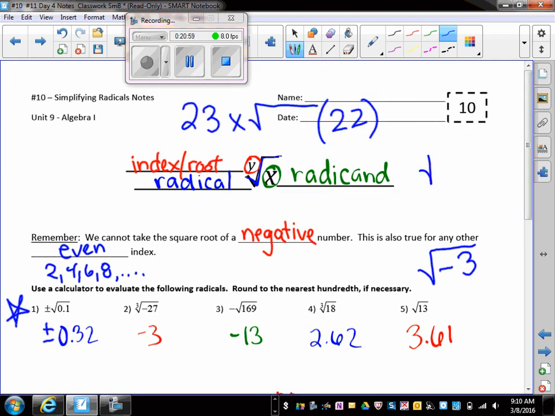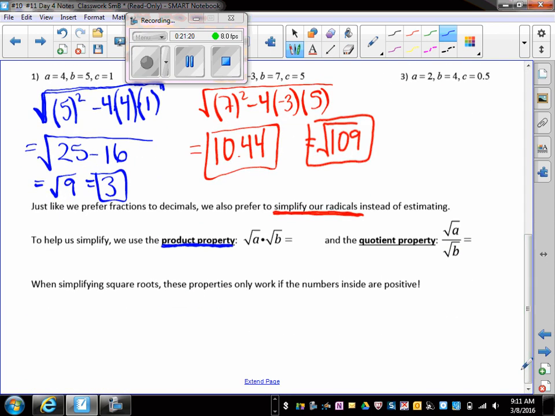Whenever you have a radical without a number in your index, this is an assumed index of 2. It's a square root. We don't ever write in the 2 for a square root. You can. It's not mathematically incorrect. It is proper, but the radical by itself indicates a square root. So down here, these are both square roots. It's the same index.